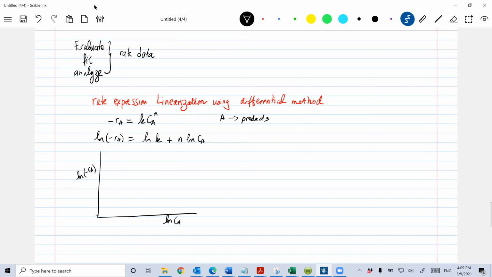And then you'll get a line. If your data follows a power law, you'll get a straight line.